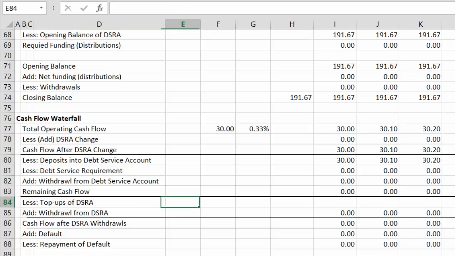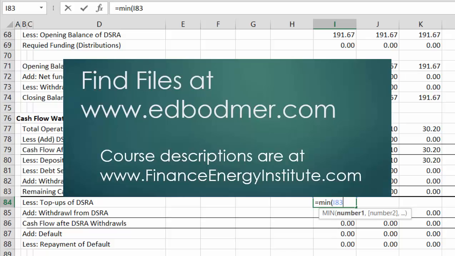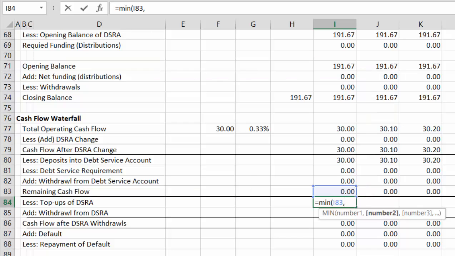Then we'll take the maximum. This is the minimum of this number or the funding balance.